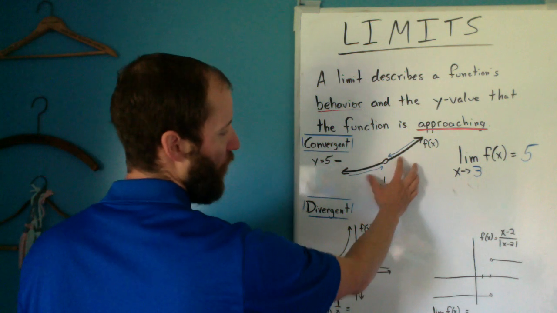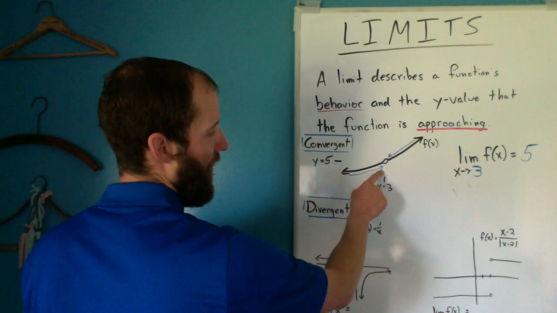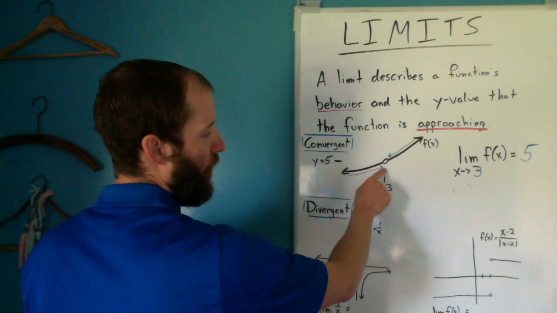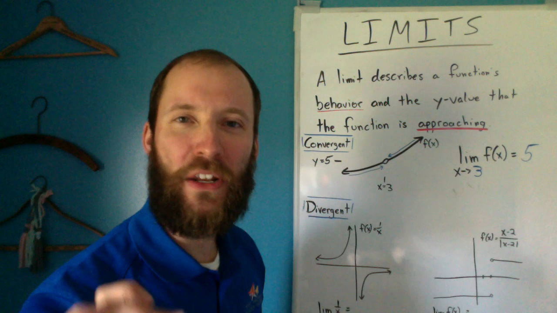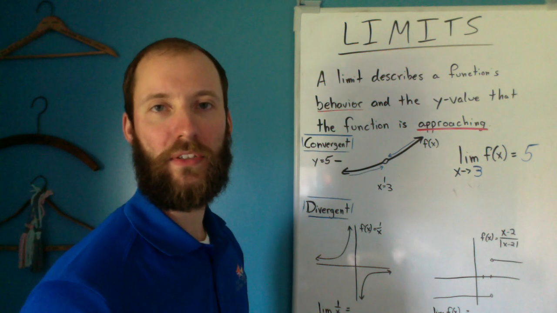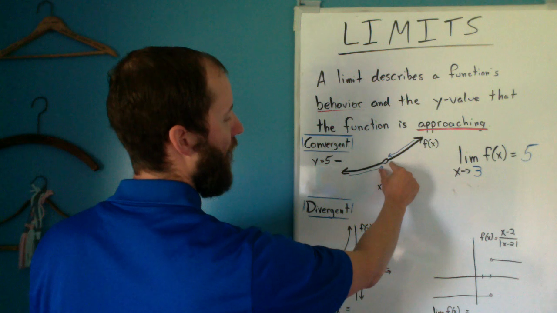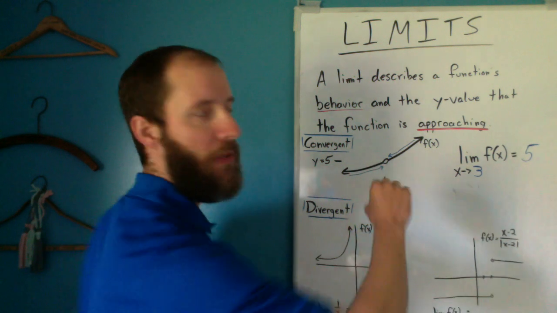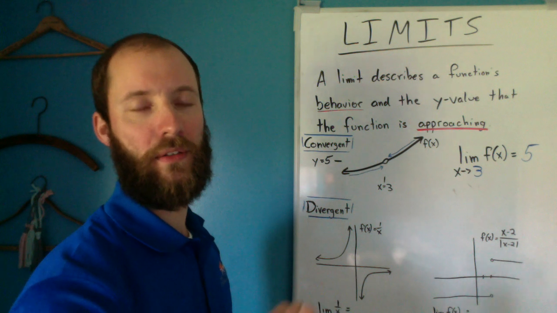It can get so close, it can go to 4.7, 4.8, 4.9, 4.91, 4.99, 4.999. It can get so close to 5, it'll never get to 5. It is the saddest story in mathematics. That function will get closer and closer to 5, but it will never, ever get there.